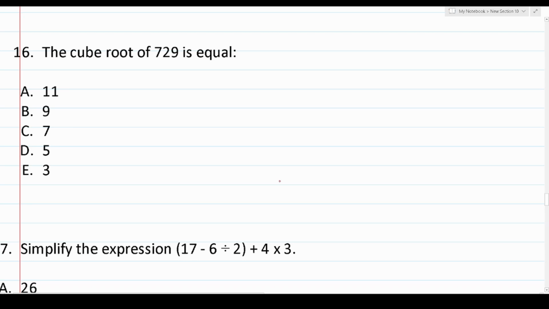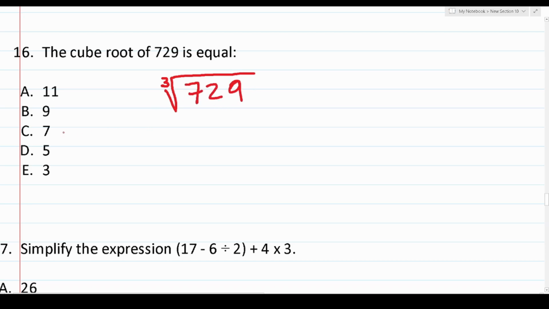All right, number 16 says the cube root of 729 is equal to. We're dealing with radicals again, and whenever you have a radical and there's no little index number written here, you always assume it's a 2. In this case, we want to find the cube root, so that's going to be 3. And of course, we want to find the cube root of 729.